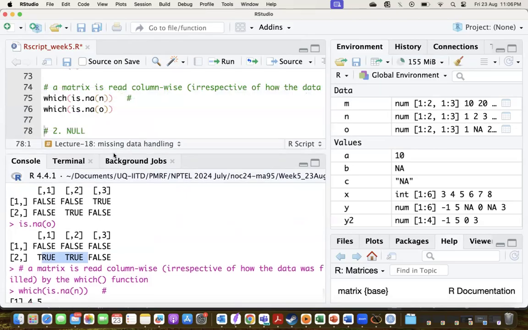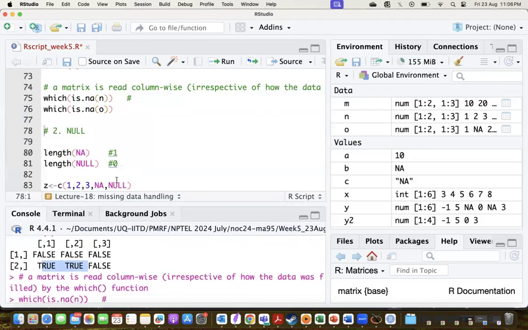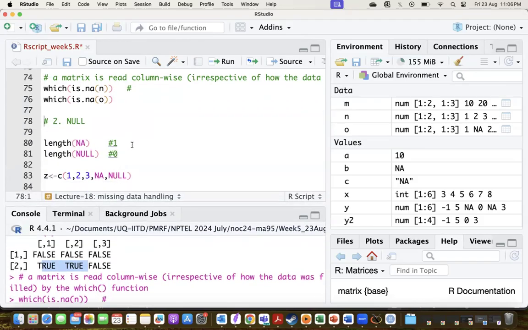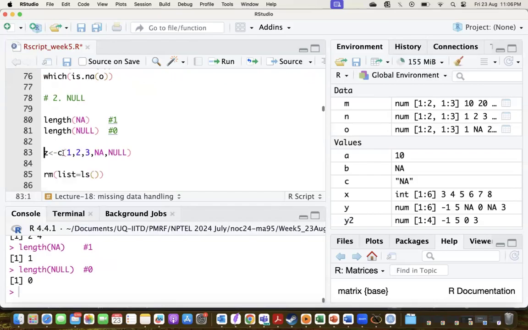All right. Now we come to the next kind of missing data. We just saw initially that the length of NA, if you just write NA somewhere, is 1. So there's still a place for it. But if you write NULL, then it does not have a place.